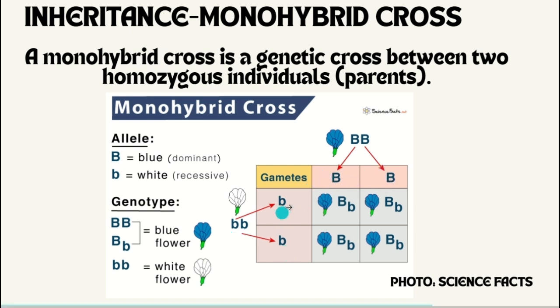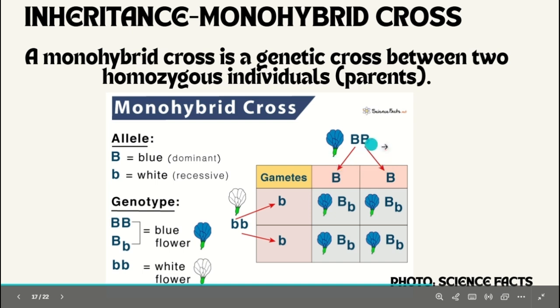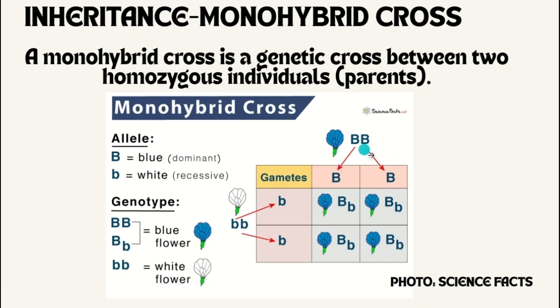We said homozygous. You can have homozygous dominant and also homozygous recessive. So if you cross a homozygous dominant with a homozygous recessive, so BB... let's do a different example, flowers, my bad. So we're doing flowers in this example. So big B is blue, which is dominant, and little b is white, which is recessive.